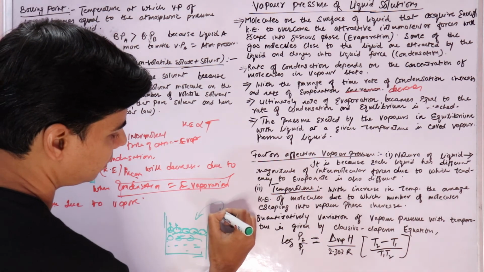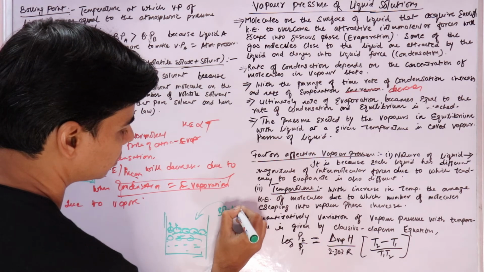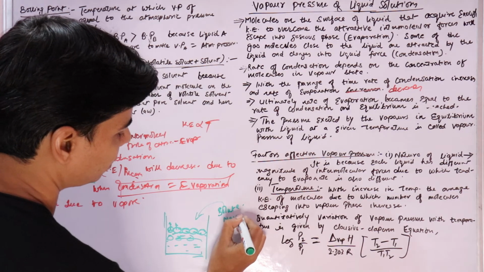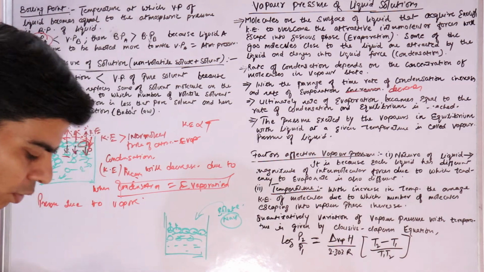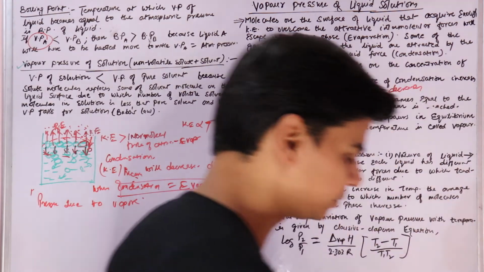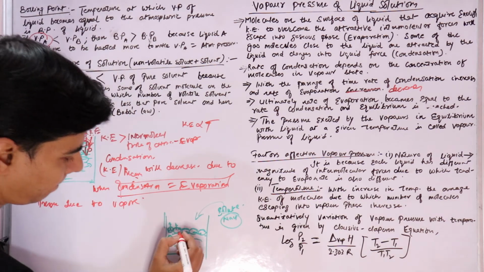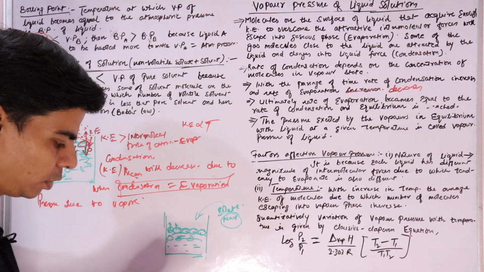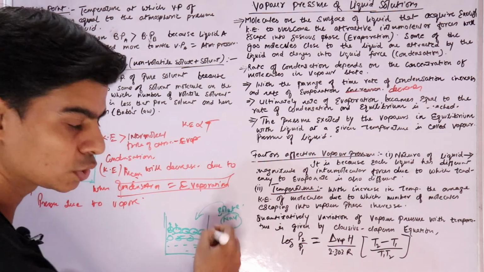So when we add a solute, say sodium chloride or any solute, to the pure liquid, what will happen is some of the liquid molecules would be replaced by the solute molecules.